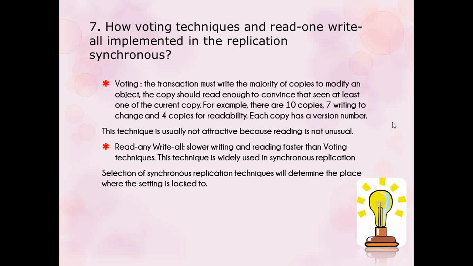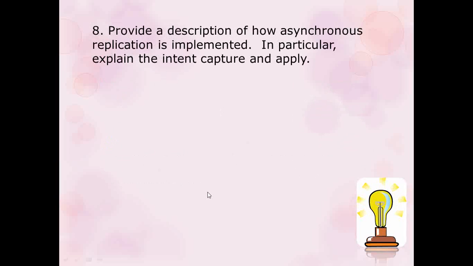This technique is usually not attractive because reading is not usual. And with read-any write-all, reading is faster than with voting techniques. This technique is widely used in synchronous replication. Selection of synchronous replication technique will determine the place where the lock is set.